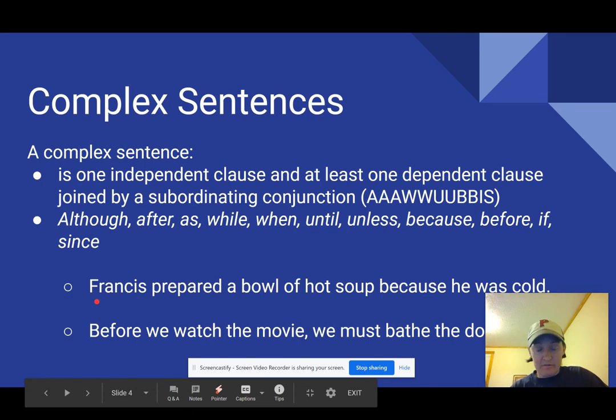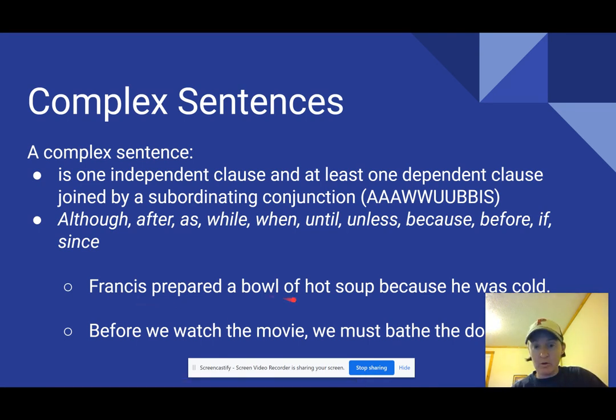Okay, so first sentence, Francis prepared a bowl of hot soup because he was cold. All right, so he prepared a bowl of soup because he was cold. All right, I always find it easiest to find the awubis first, so hopefully the word because jumped out at you. So if you look at the first part of the sentence, Francis prepared a bowl of hot soup.